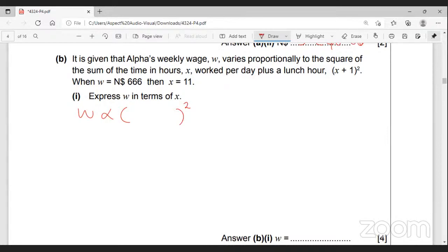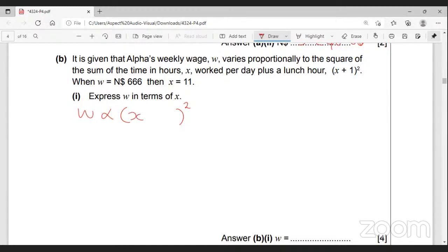Varies proportionally to what? The sum of the time which is given in X, right? And then work per day plus the lunch hour. So that X is work per day plus the lunch hour, which is represented by the 1. So the sum of the X and the 1, that together is squared.